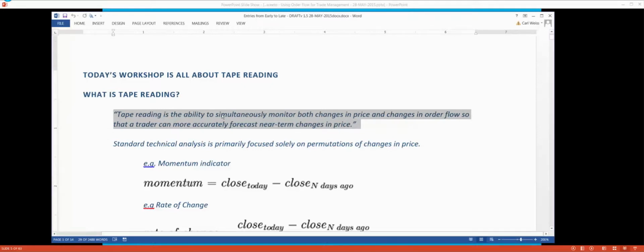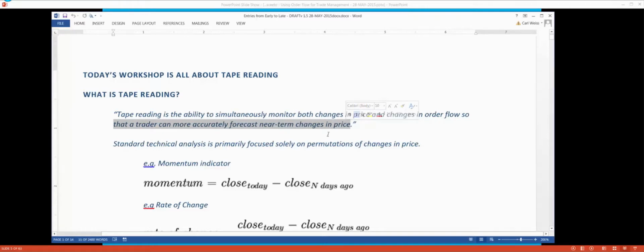So tape reading, and let's be clear, is the ability to simultaneously, and that's a key word here, simultaneously monitor both changes in price and changes in order flow. So in the old days they used to call it tape, today they call it order flow, all the same stuff. And we do that so that a trader can more accurately forecast near-term changes in price.